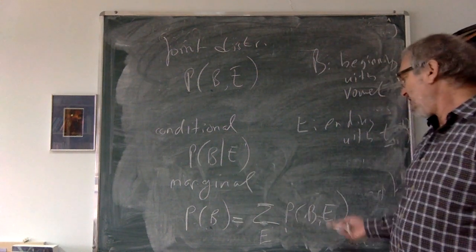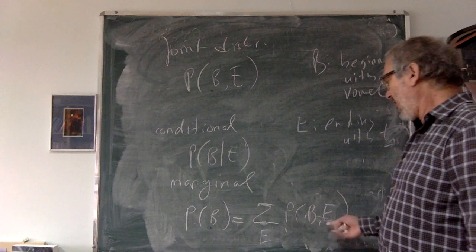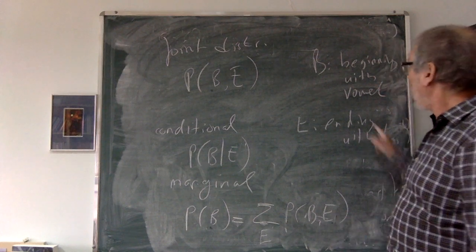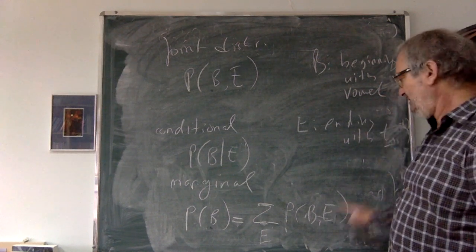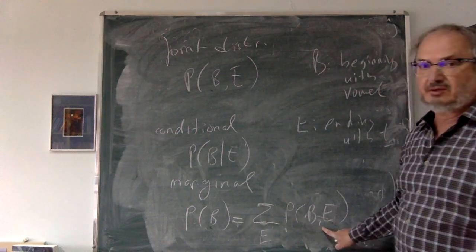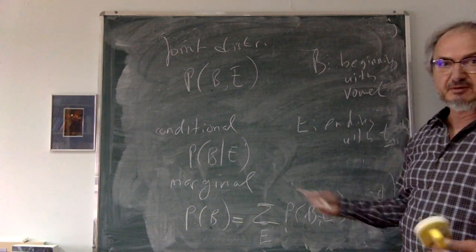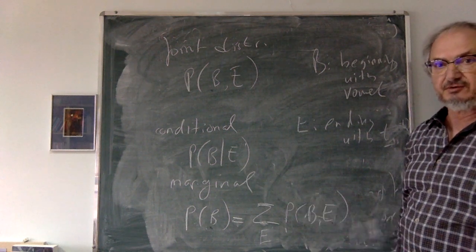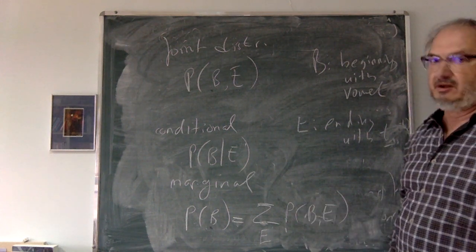You can say, well, why don't you just sum up all the events ending with T, and that's going to give you, under this distribution, the probability, the event space of beginning with a vowel.